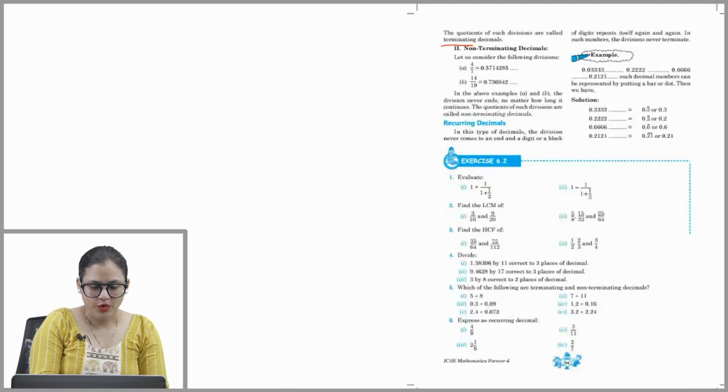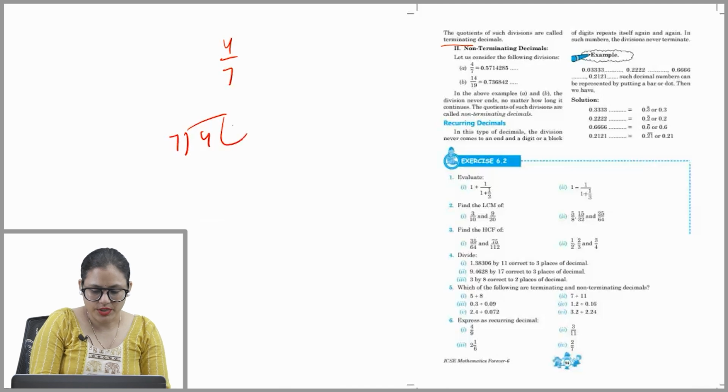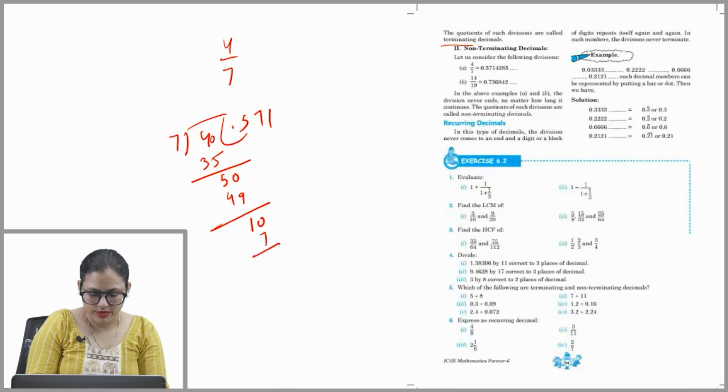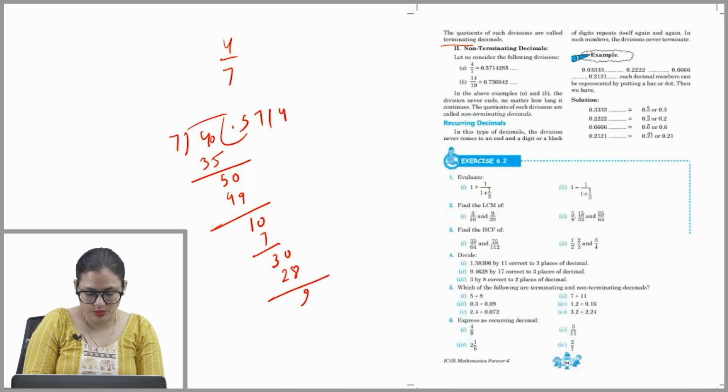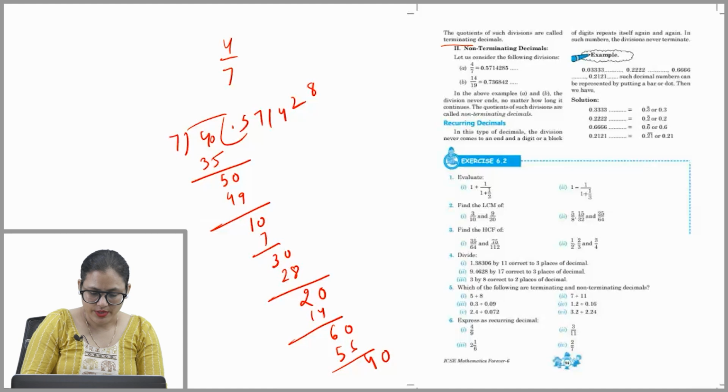Okay. Number 2, non-terminating decimals. Let us consider 4 by 7. Let's divide this fraction. Okay. Put a decimal and 0 here. 7 5s are 35. Okay. Then 50. 7 7s are 49. 10. 7 1s are 7. 30. 7 4s are 28. 20. 7 2s are 14. 60. 7 8s are 56. 40. 7 5s are 35.